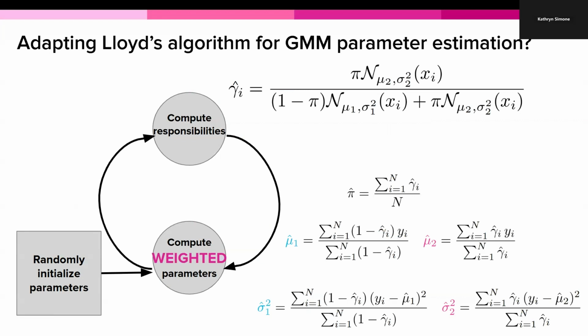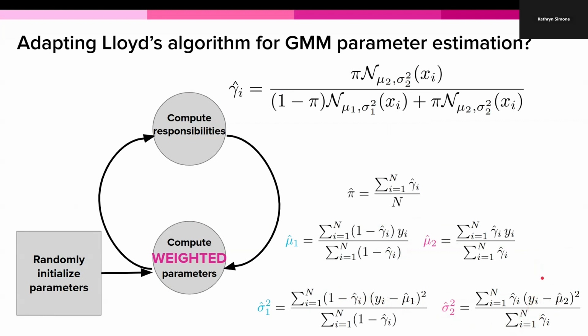And then once we have the weighted means, we can move on to the weighted variances, where we're computing those weighted contributions to the parameter estimates in precisely the same way.